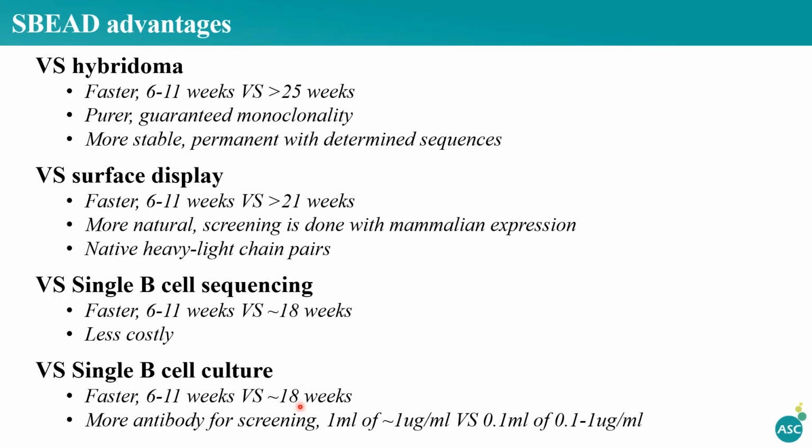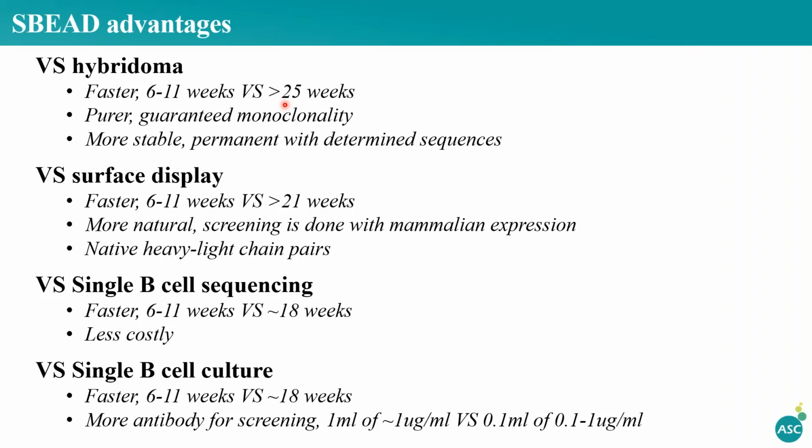Compared to the existing method that I show you in the first slide, SBEAD has many advantages. Specifically, when compared to hybridoma method, it is much faster. With SBEAD, you can develop monoclonal antibodies in as short as 11 weeks, while if you are using hybridoma, it usually takes more than 25 weeks.